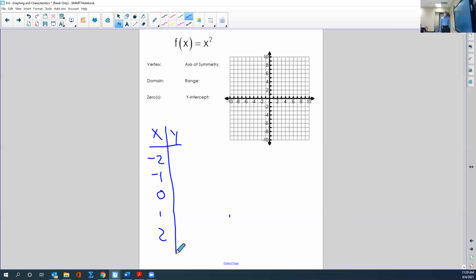If we plug in -2, f(-2) is -2 squared, which is 4. If we plug in -1, we get -1 squared, which is 1. 0 squared is 0. 1 squared is 1. And 2 squared is 4. So from there, we can plot those on our graph.